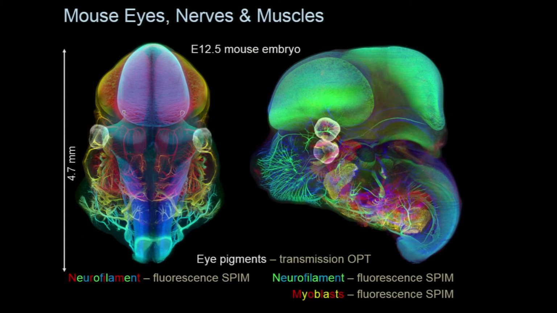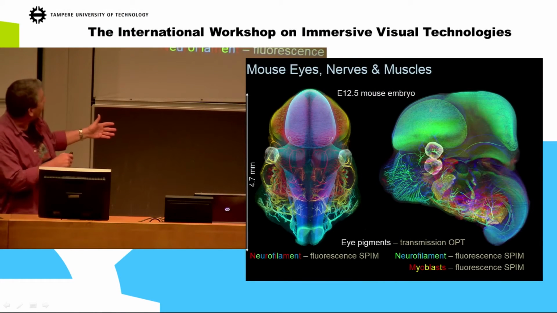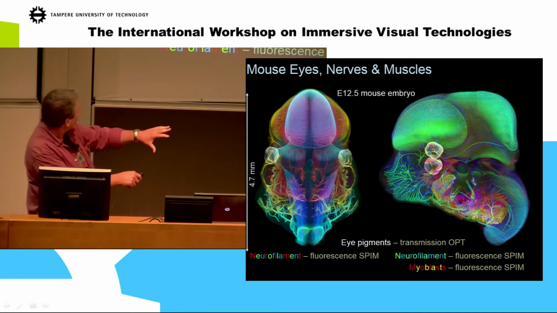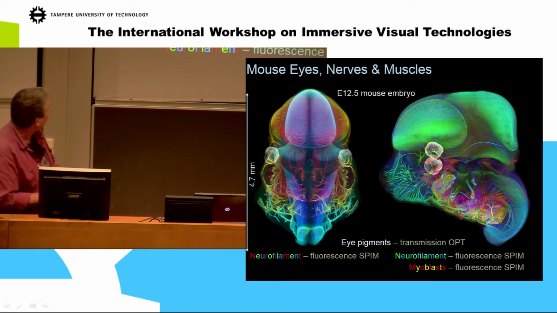This is a sample of the head of a mouse embryo that we scanned in the system. You can see the eyes here are in white. Those were done in absorption contrast with the OPT. And the rest, the colors are fluorescence, 2 orthogonal views of the thing.